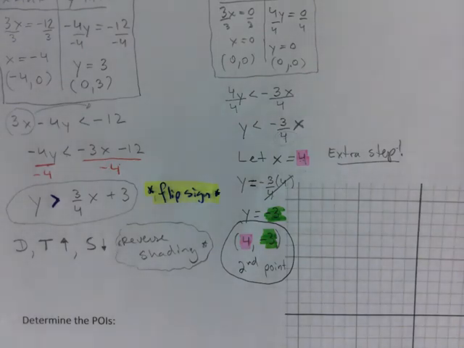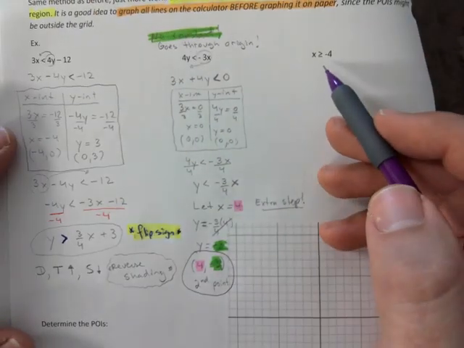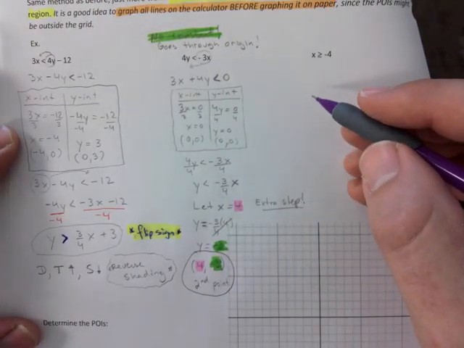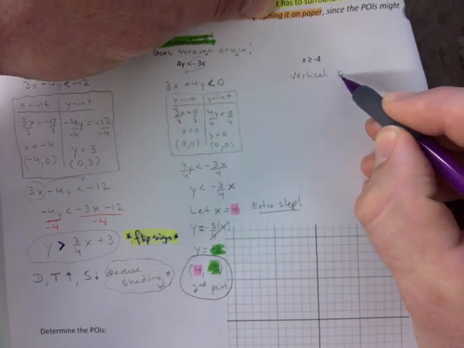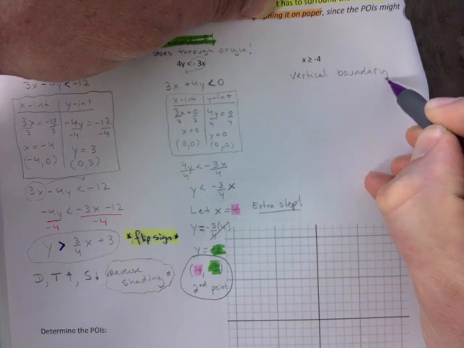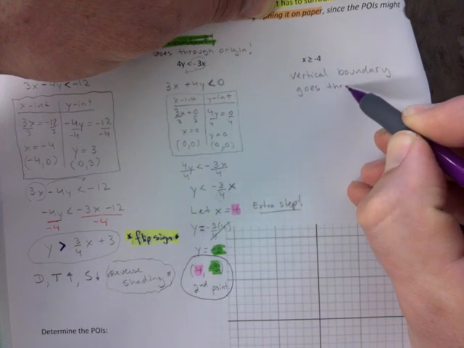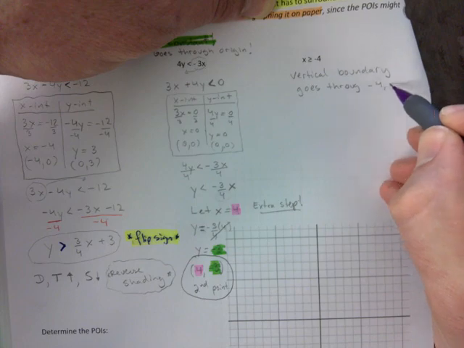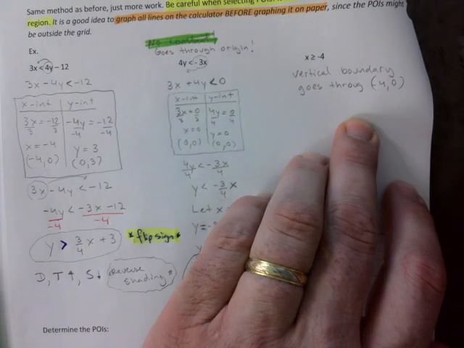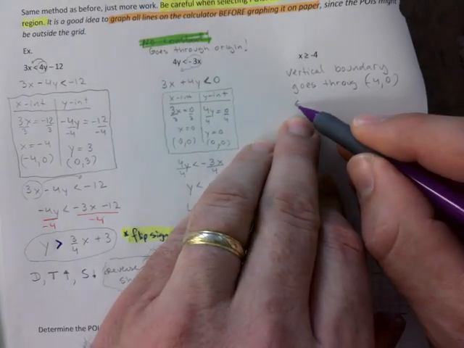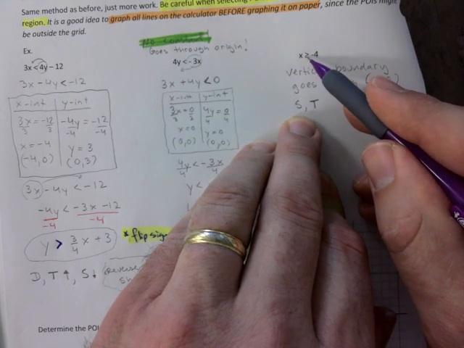Okay, let's graph. We're not quite ready to graph. We have to deal with that last one. This one is easy, by the way. You should know, this is a vertical boundary. Vertical boundary goes through -4, 0. We know that this is going to be a solid, and the true region is, it's already isolated, so true is to the right.